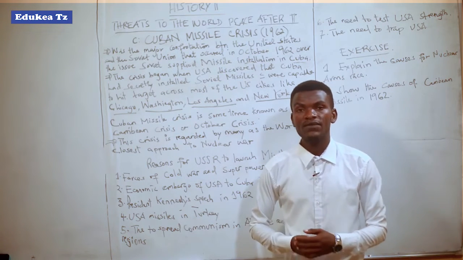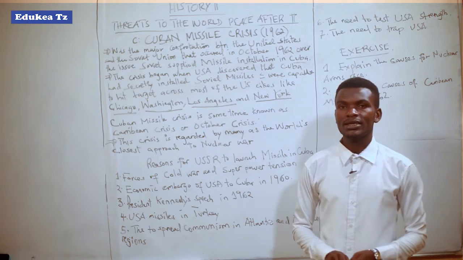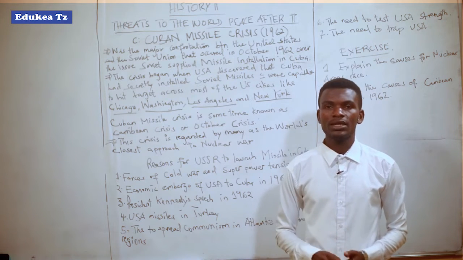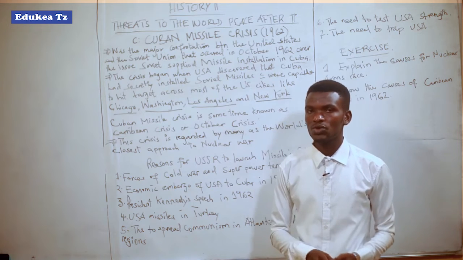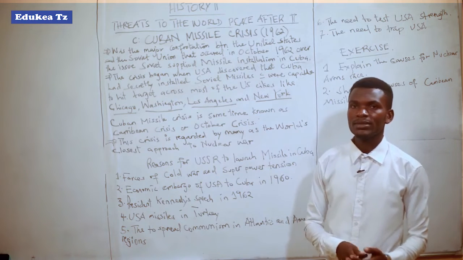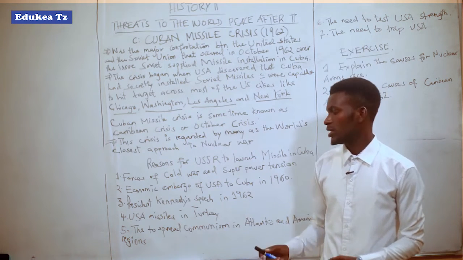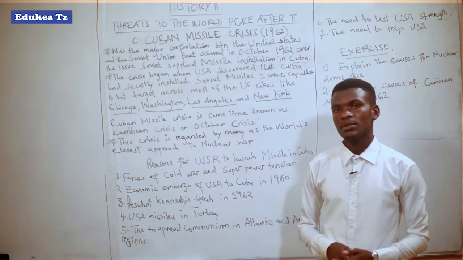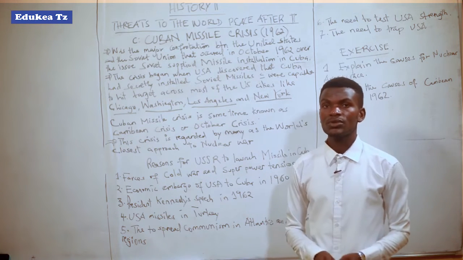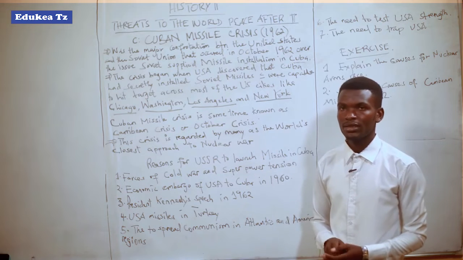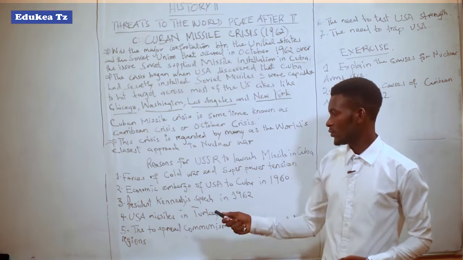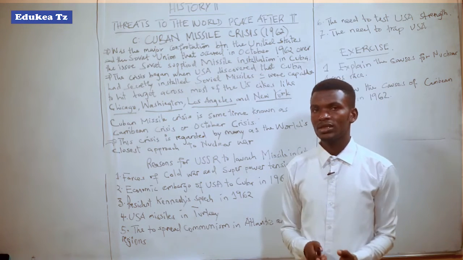It means USA, after establishing missiles in Turkey with the aim of spreading the capitalist ideology and containing the spread of communism in Eastern Europe and Central Europe, made the USSR angry, and it launched the missile in Cuba, targeting the influential cities in USA and containing the spread of capitalism in Cuba and other parts of the Caribbean and Atlantic regions.